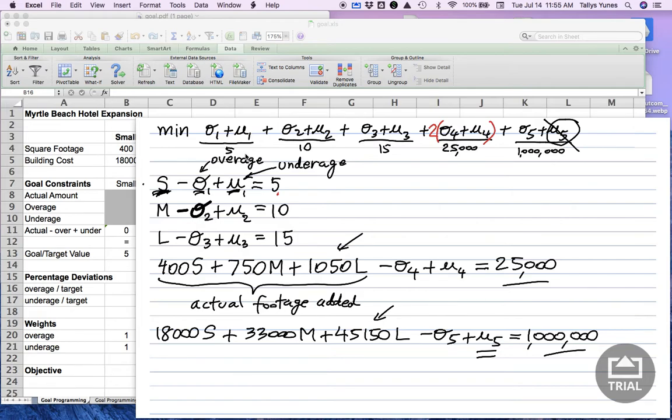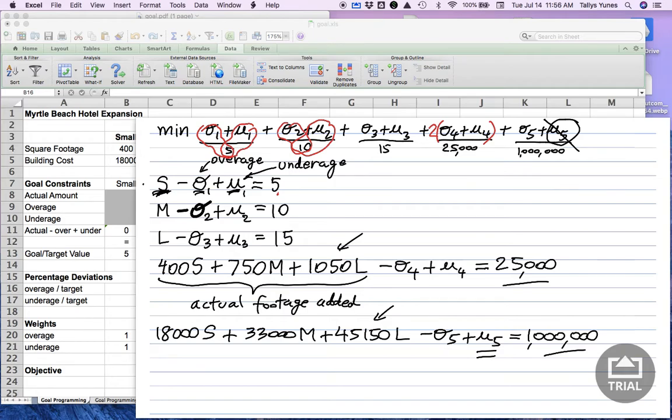So what I'm going to do in Excel to make this more flexible is break these expressions into pieces. I'm going to create the O1 over 5 in one cell, and in a separate cell the U1 over 5, and then the O2 over 10 in one cell, and another cell this guy. And then I have all these fractions that I can add together later.